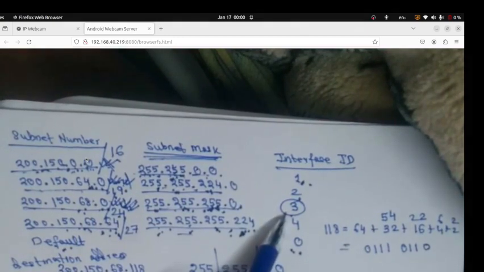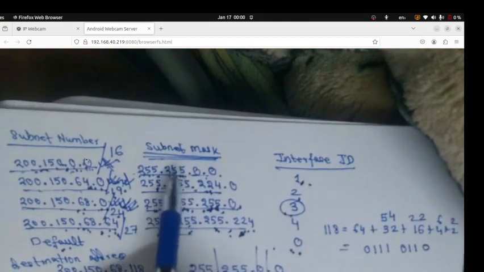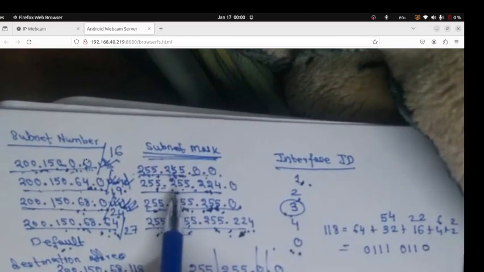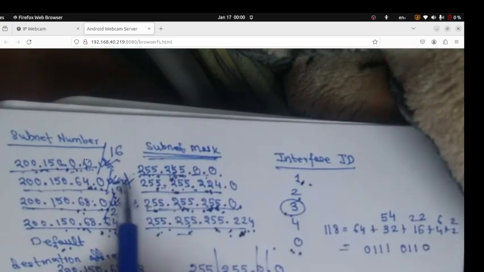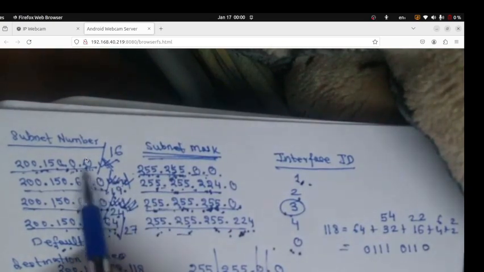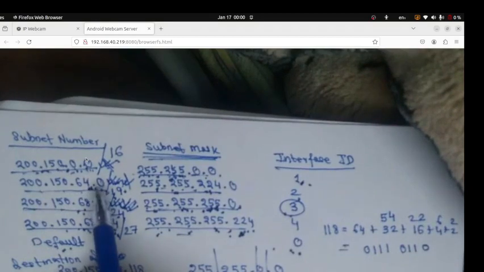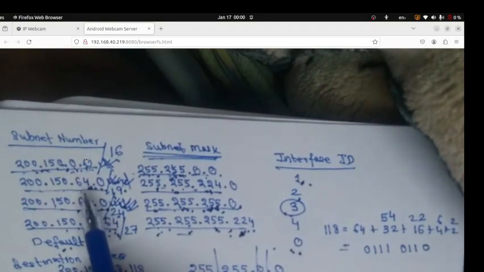So that is the concept of subnet mask. The subnet mask is used to extract the network number for the particular destination IP address. If that network number does not match, then no problem. If it matches, then I have to again check whether it is the longest prefix or not.